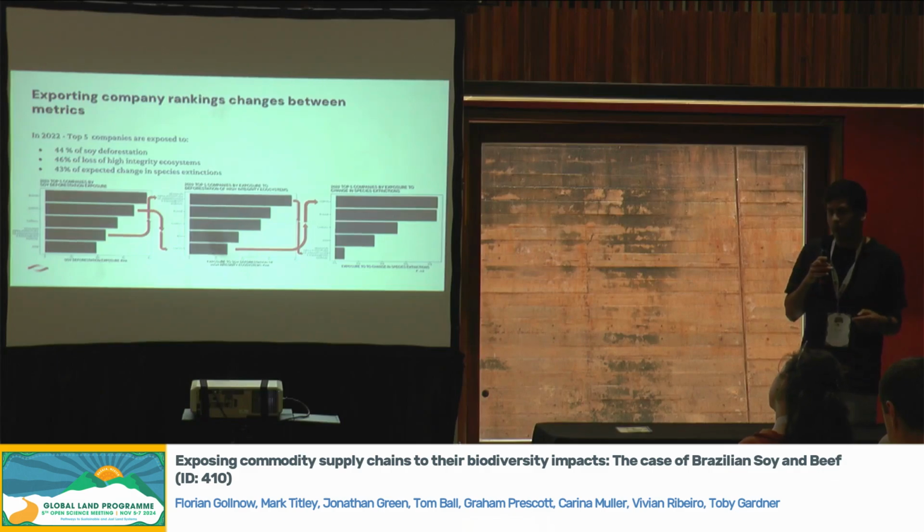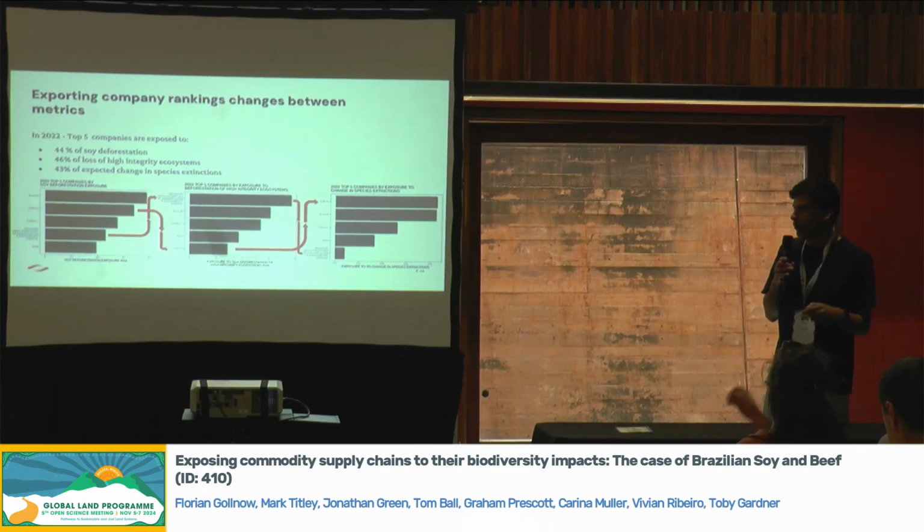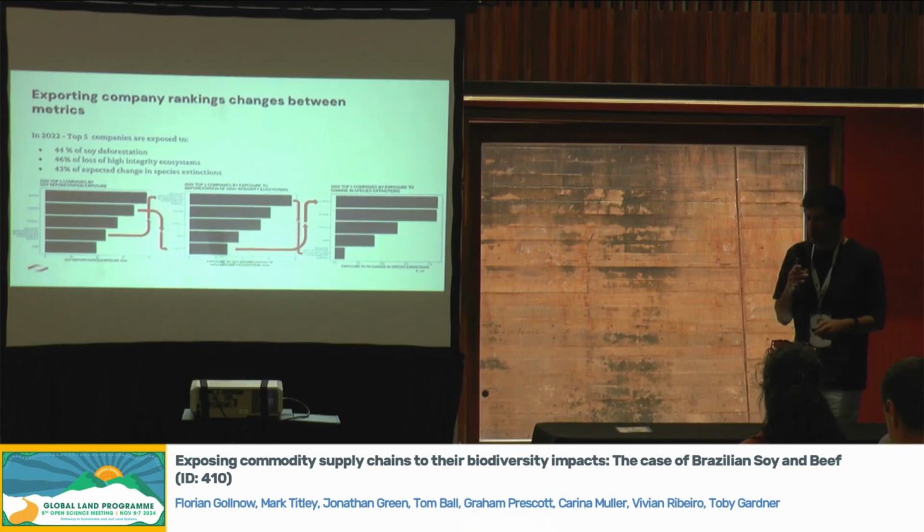What is important here is that those rankings change between companies. For example, COFCO changes from the 2nd rank to the 5th rank, and then for species extinction risks it goes to the 1st rank, the highest exposed to species extinctions.